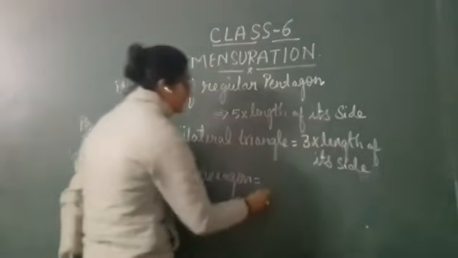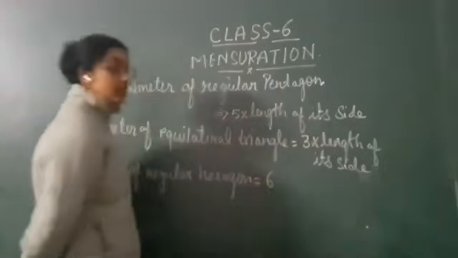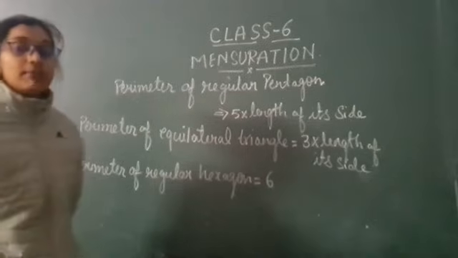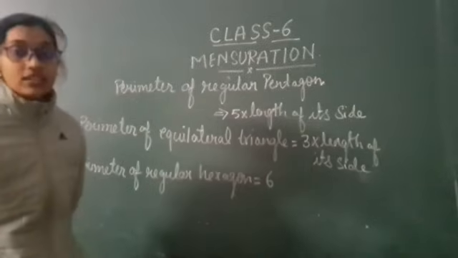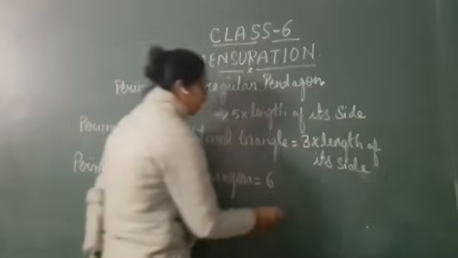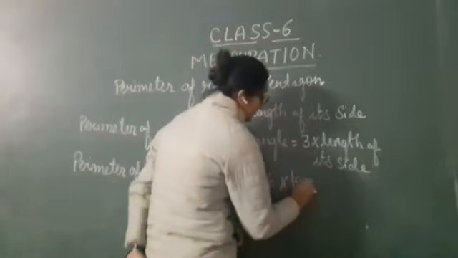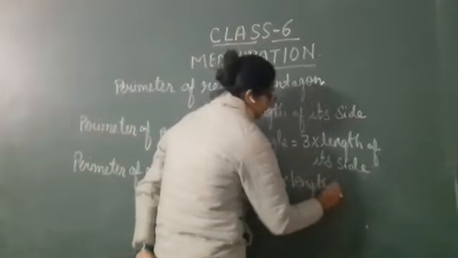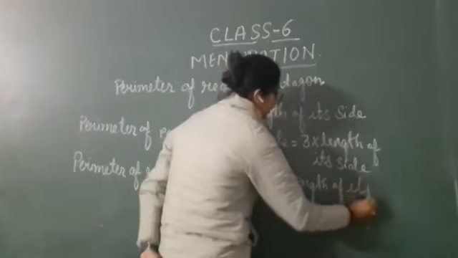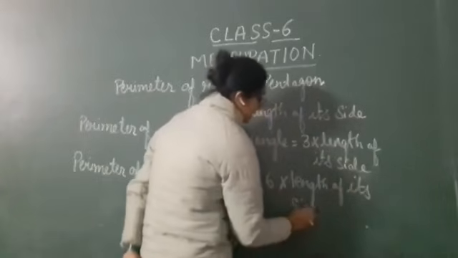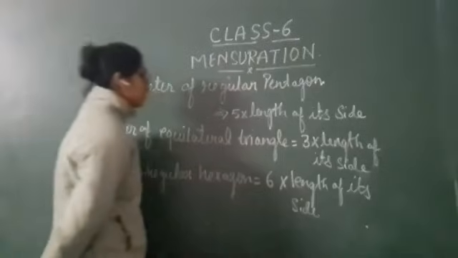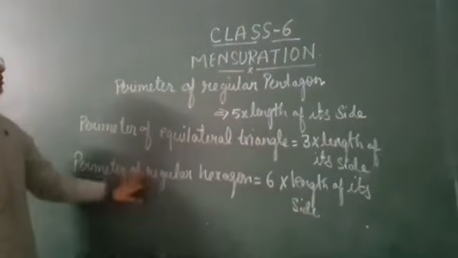If it has 6 sides, we have to multiply 6 with the length of its side. Write it down in your copies.